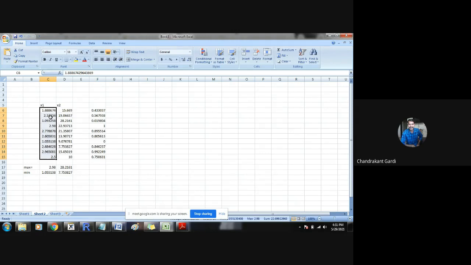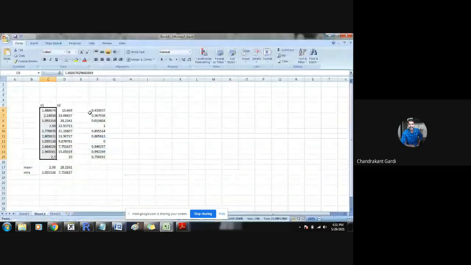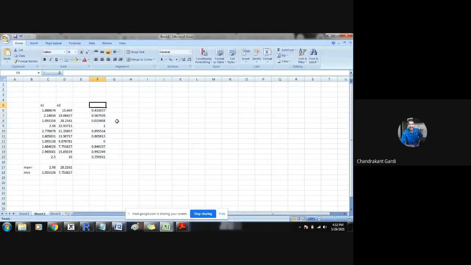So what is the total difference? If this is mapped to 0 and this is mapped to 1, then to what point does this have to be mapped? We already have the formula for that: xi minus minimum divided by maximum minus minimum. Doing this calculation, we have got this new x1 column, and it has the range from 0 to 1.